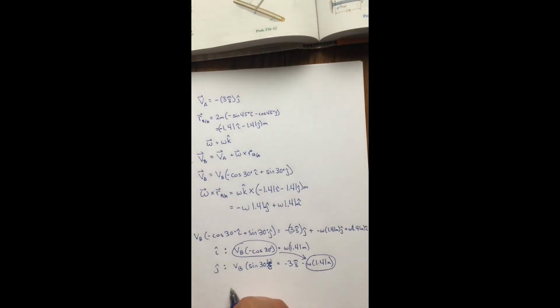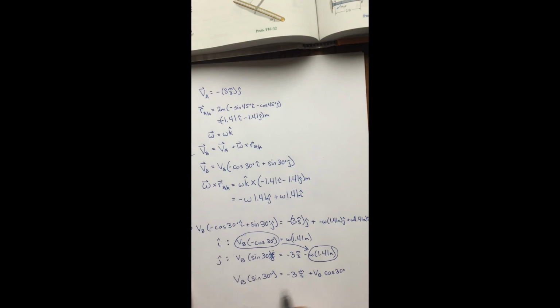So then I have VB times sine of 30 degrees is equal to minus 3 meters per second. And this would be negative, but this is also negative, so let's say plus VB times cosine of 30 degrees. So if I bring this over to the other side, I have VB times sine of 30 degrees minus cosine of 30 degrees is equal to negative 3 meters per second.